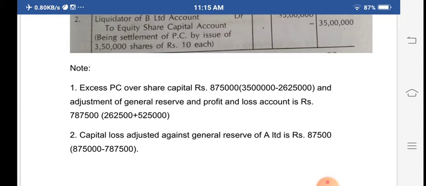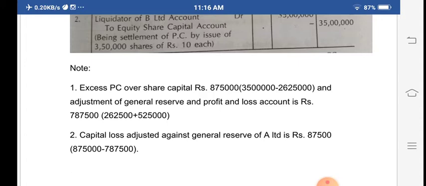A Limited is giving B Limited rupees 35 lakhs, and B Limited has share capital of rupees 26 lakh 25,000. It means the excess amount being paid by A Limited to B Limited is rupees 8 lakh 75,000.